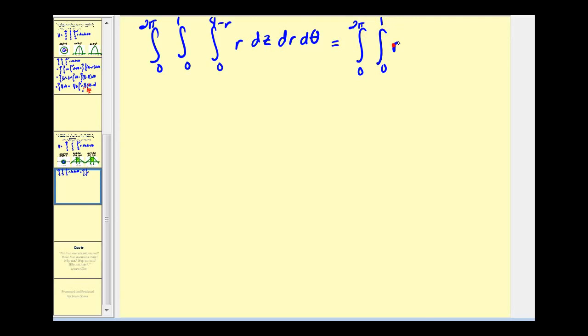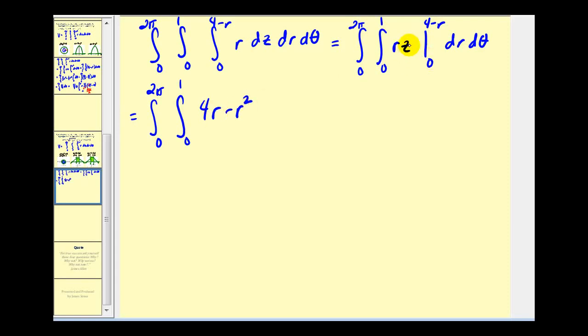So we're going to have r times z. Now we'll replace z with 4 minus r and then with 0. Replacing z with 4 minus r, that'll give us 4r minus r squared. And then when z is 0, this will be 0.